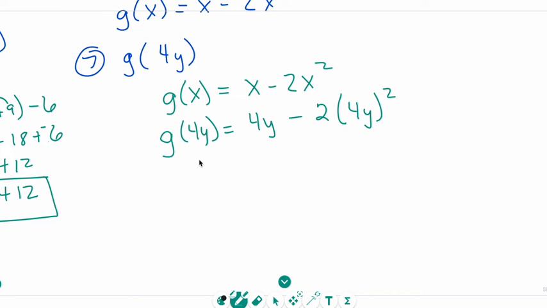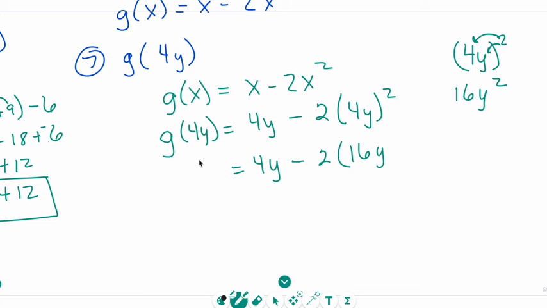Now I'm going to come over here and I'm going to square 4y, which means I'm going to put that square on the 4 and I'm going to put the square on the y, which is going to give me 16y squared. So this is going to be 4y minus 2 times 16y squared. When do I subtract? Never. What do I do instead? Keep, change, change.